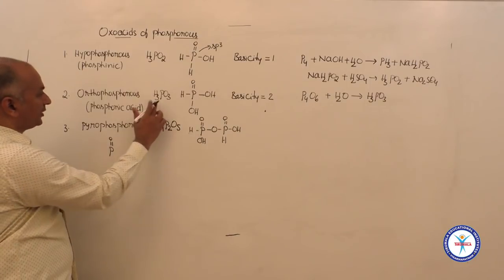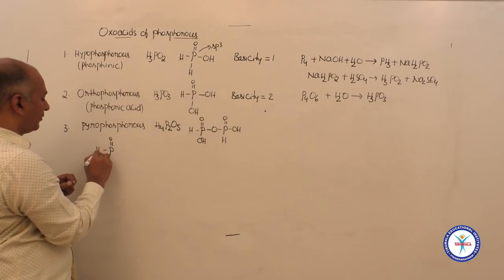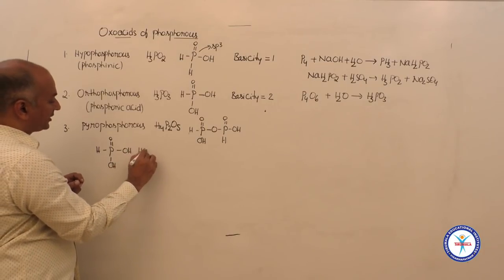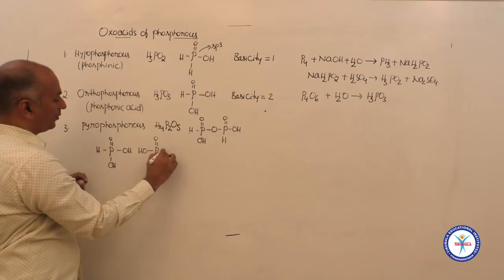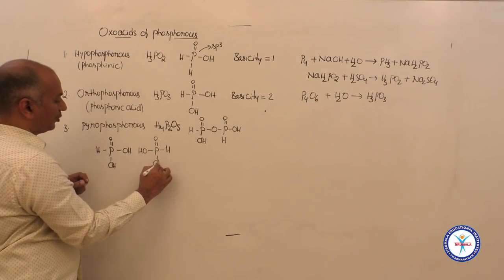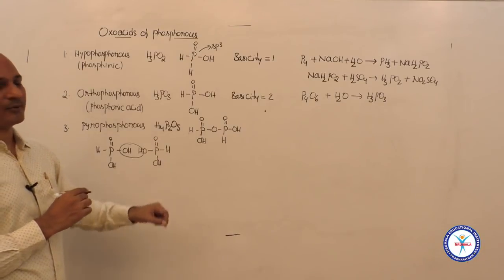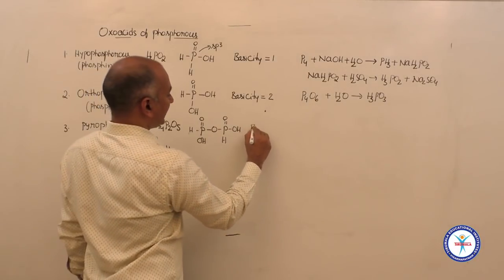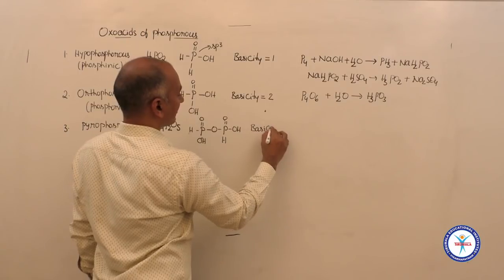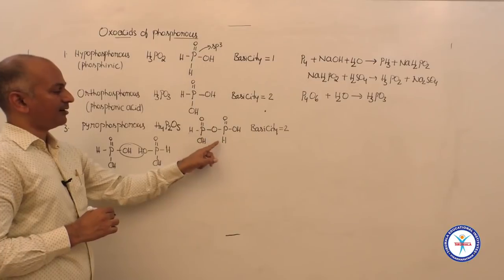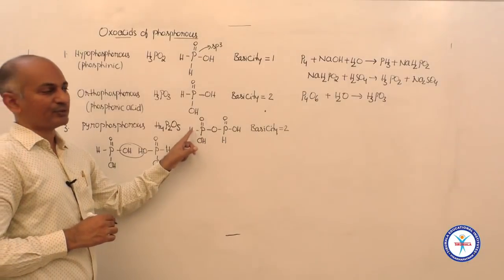You take 2 molecules of this P double bond OH, OH, OH, another such molecule P double bond H, OH. Now you remove water. You will get that compound. And what is the basicity of this acid? Obviously it is 2. And now you see whether it is reducing or not. Yes, because of the presence of these 2 hydrogens.